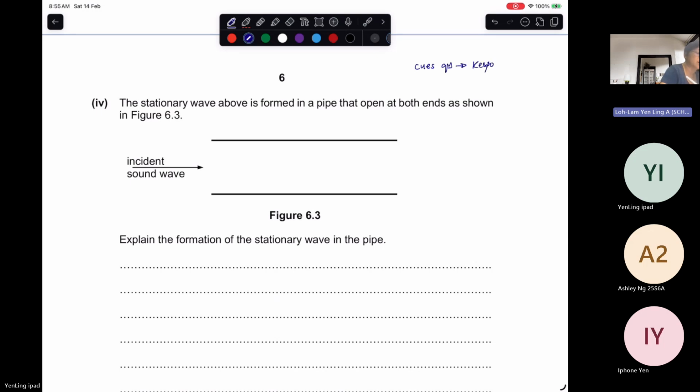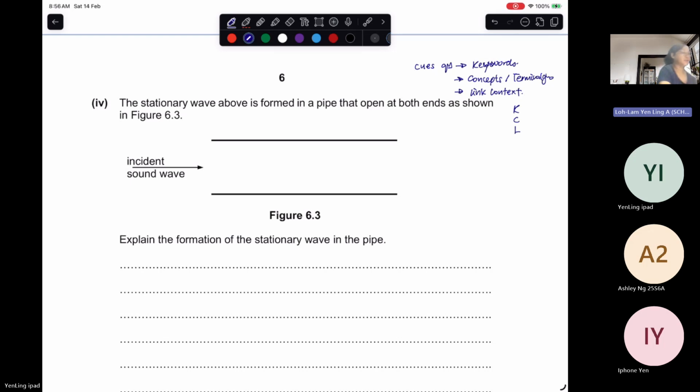So what are the keywords? What is it that you need to address? And then think of all the concepts that are required. The concepts will include actually the terminologies that you need to use, and finally link it into the context of the question. All right, so keywords, concept, and link.